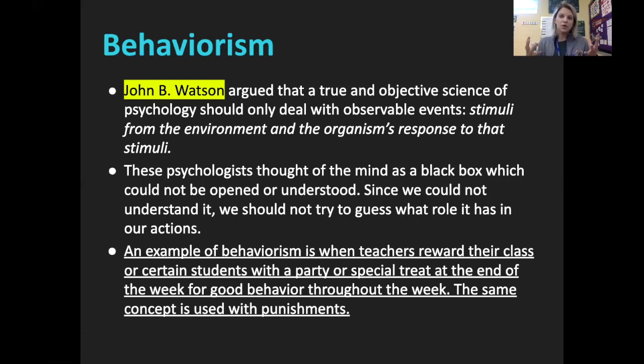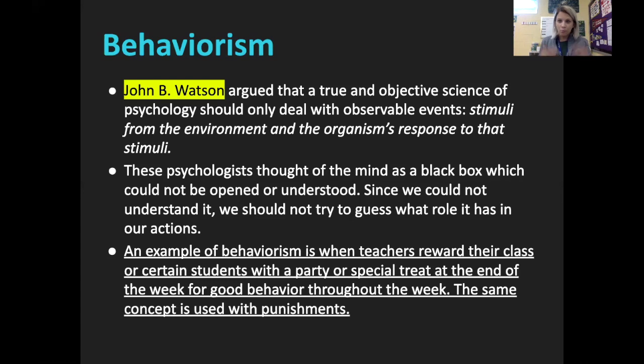And this was all during an era in which the big push in the sciences was to only study that which we can observe, that which is objective, that everyone could see what was happening. Behaviorist psychologists rejected the idea that we could study what was happening in somebody's mind because it's just a black box that can't be opened or understood.